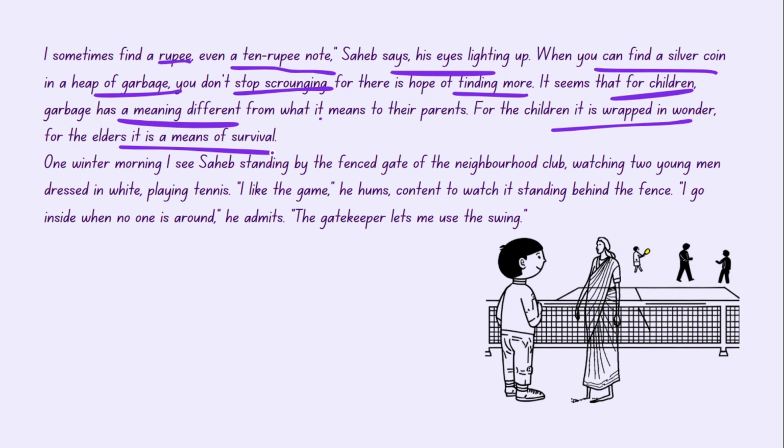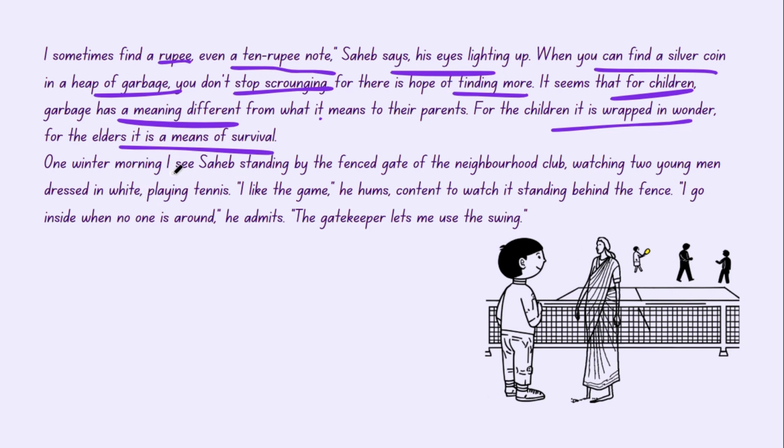So for these children, it seems to be kind of an adventure, what they will find the next day or maybe that day. However, for their parents, it's just a means of survival. So scrounging and searching in the garbage has a totally different meaning for children as compared to their parents, the elders.